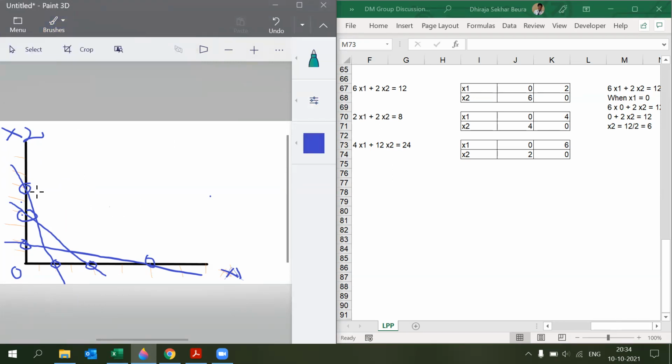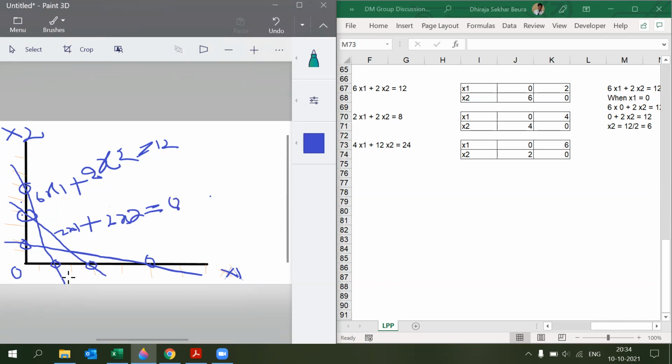Okay, so this is 6x1 plus 2x2 is equal to 12. This one is 2x1 plus 2x2 is equal to 8.